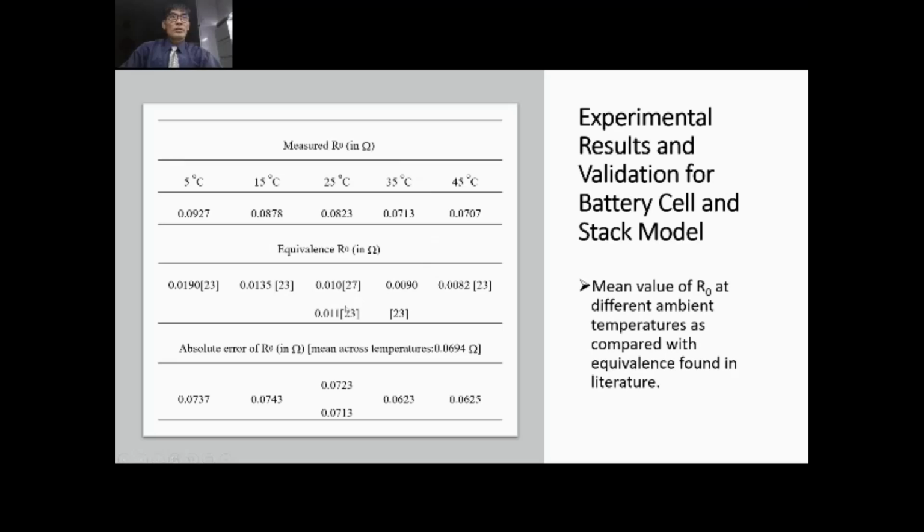The absolute errors that you can see from each of these temperatures is around 0.07, 0.06. This is what we try to compare with the values that you find using a similar cell in the literature.